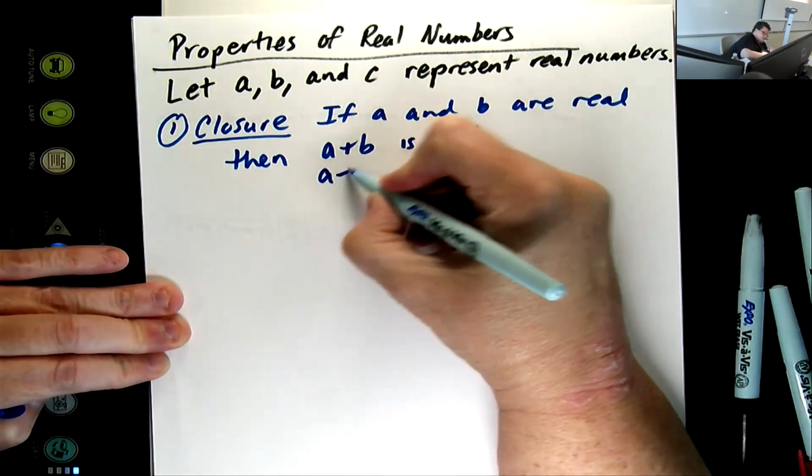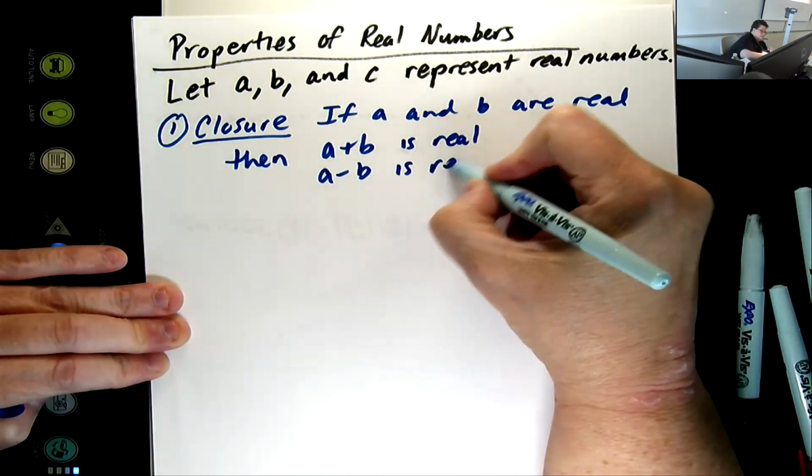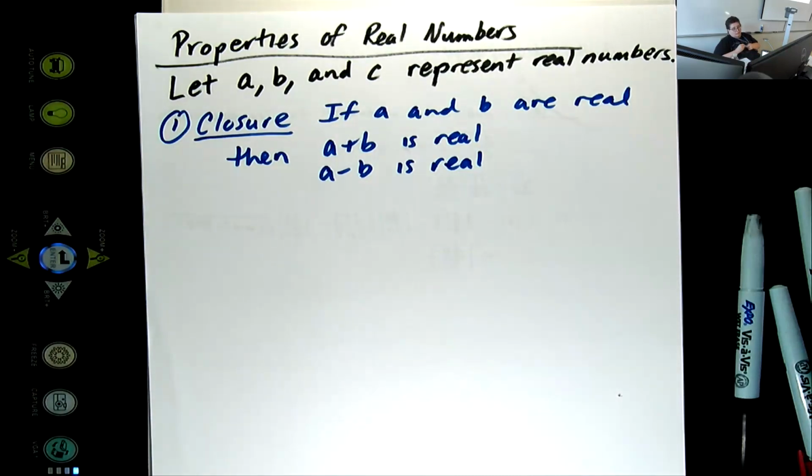And so is A minus B. Stimulating, isn't it? You start off with two real numbers and you put them together, they don't magically turn into an imaginary number. That's a real property that I'm supposed to share with you.